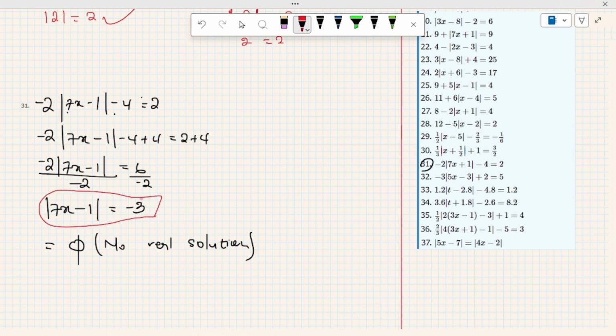Whenever you have an equation that says to solve an absolute value and the value on the other side of the equal sign is negative, then there's no real solution for it, because the absolute value cannot spit out a negative number. It always spits out a positive number. So that's why this solution is non-real.